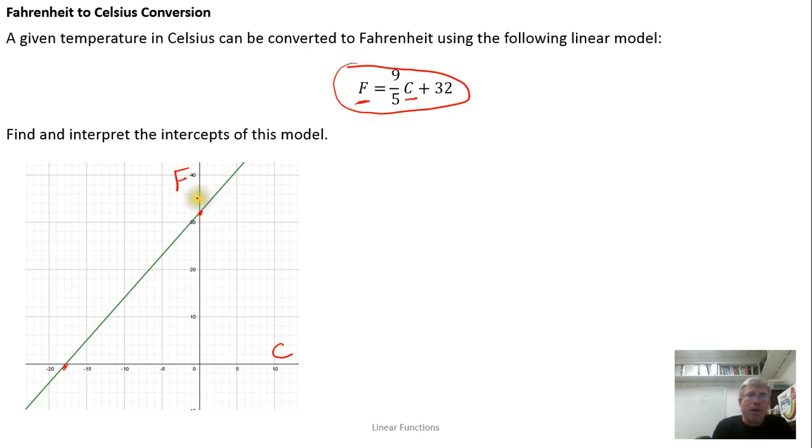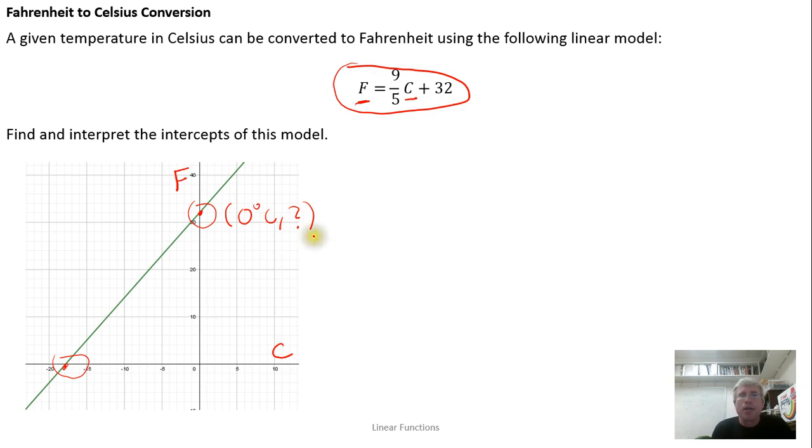And we're being asked to find these crossings and then interpret what they mean in the context of the model. What we want to notice is that the vertical intercept, the Fahrenheit intercept, corresponds to a Celsius temperature of 0, and we're being asked to find the Fahrenheit value that goes with it.